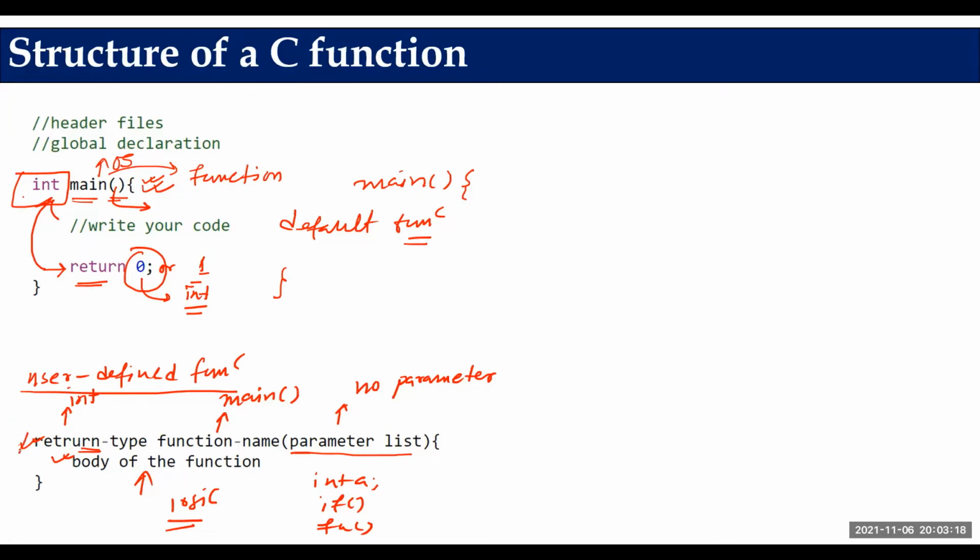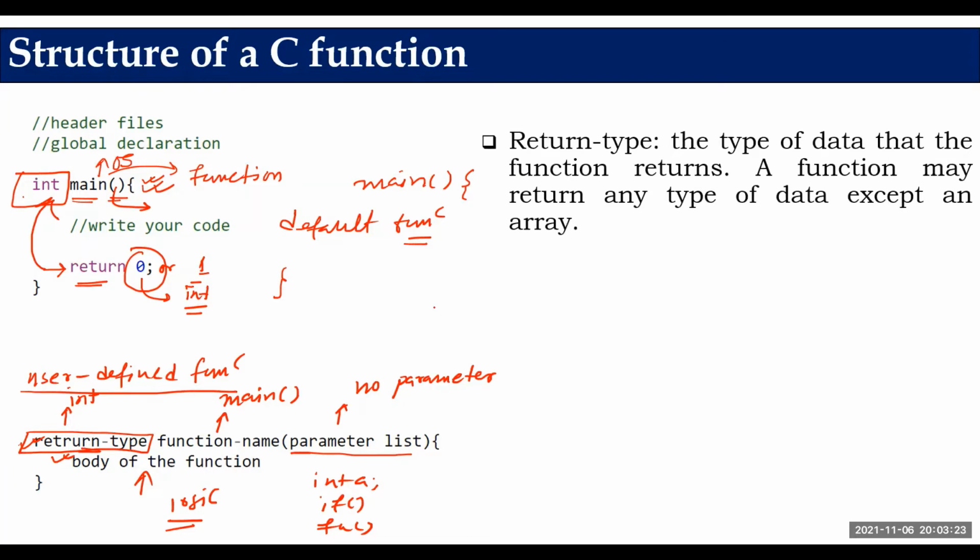So when you talk about return type, it means the type of data that the function will return. A function may return any type of data except an array. We'll see later in this course what an array is. Array is a data type; you can see my data type lecture for the introduction I have given.